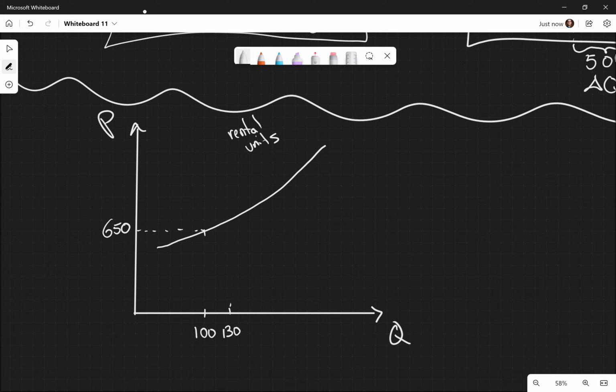And so at 130, the price is going to be $700.